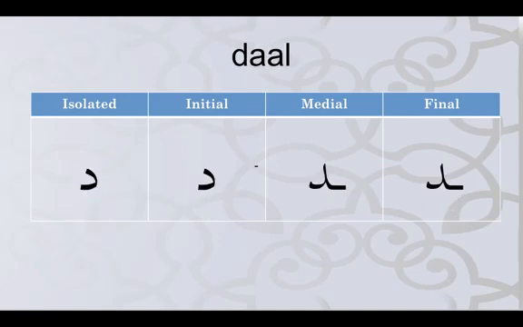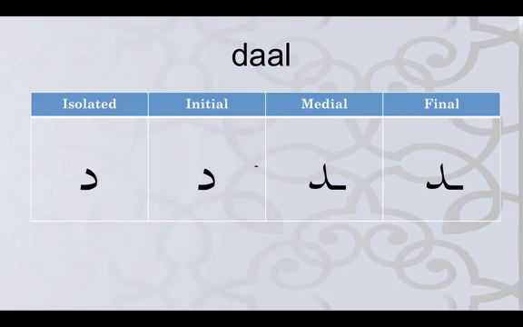Next we have the letter Dal. The letter Dal, its isolated and initial forms are the same as the medial and final forms, but you will notice that it has a sister letter, the letter Dhal. Dal and Dhal, Dal and Dhal. Notice the letter Dal has no dot on it.